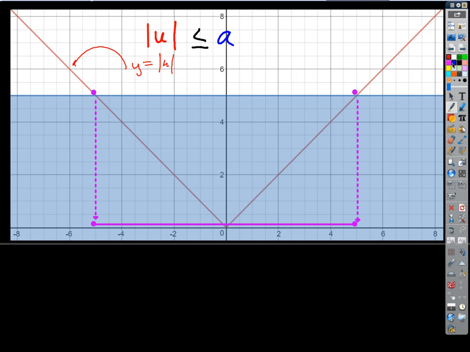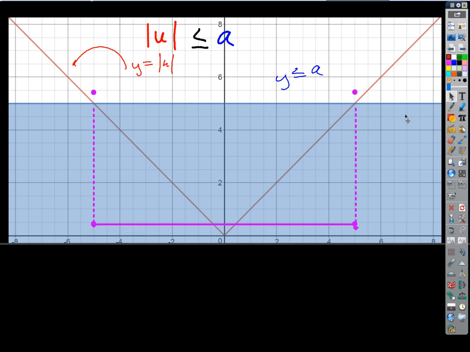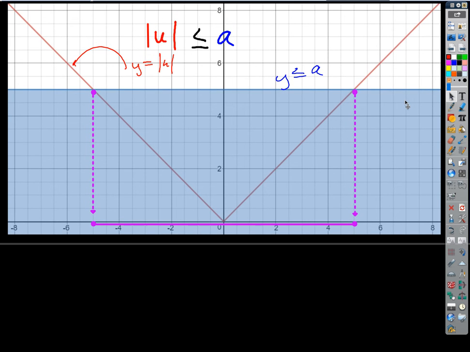And then what about this part? It's not y equals, it's y is less than or equal to a this time, right? What if we graph y is less than or equal to a? Well, here's the boundary line. Y equals a is right there, right?